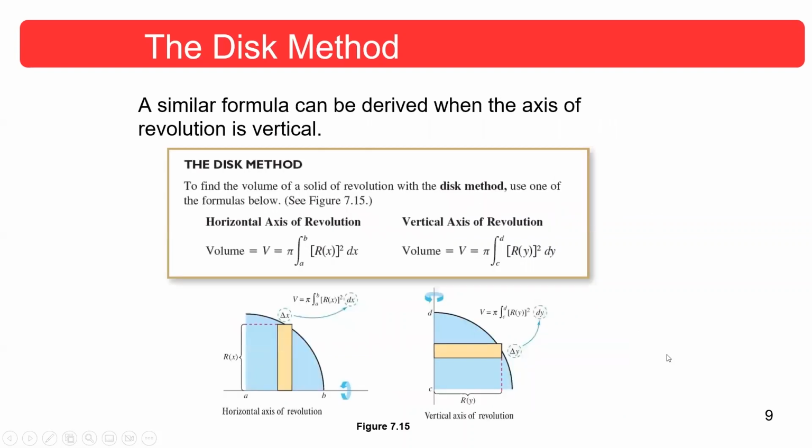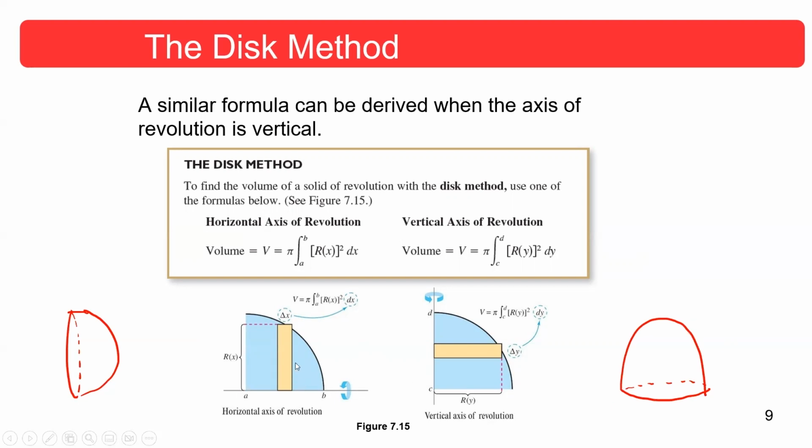So for example, in this case, if I were to revolve this about the x-axis, you will notice that it forms something like a bowl opening to the left. Whereas in this case, if you rotate that about the y-axis, it forms a solid bowl opening downwards.